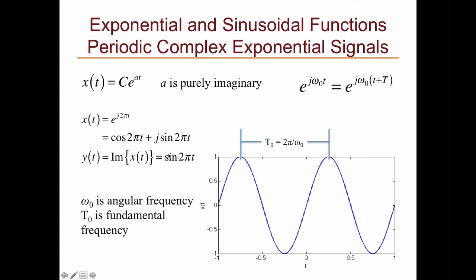If we take only the imaginary term out and plot the graph, let's say y(t), the imaginary part of x(t), then we get sine 2 pi t. And the graph of sine 2 pi t looks like this. It is periodic with the fundamental period of 2 pi over omega 0.